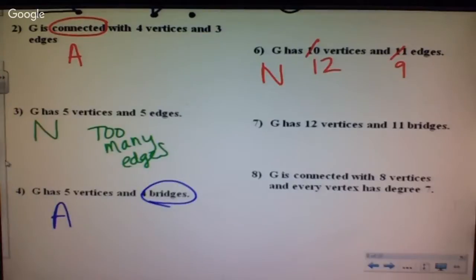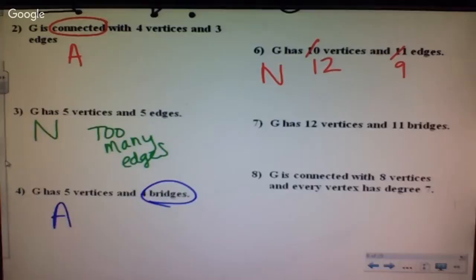Anyway, moving on. 12 vertices and 11 bridges. James, what do you think? If I have 12 vertices and 11 bridges, would you consider this always, sometimes, or never? Ask yourself this. Are your edges one less than your vertices? Do I have one less edge than I have vertices?